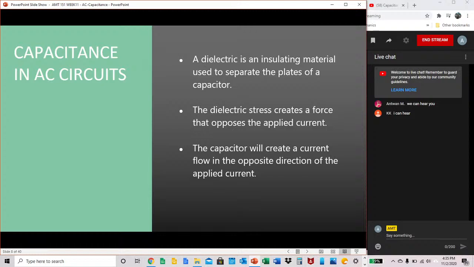A dielectric can be a few different things. You can have a dielectric that's air, it can be water, it can be paper. So that dielectric is the insulating material used to separate the plates of the capacitor. The dielectric stress creates a force that opposes the applied current. The capacitor will create a current flow in the opposite direction of the applied current.